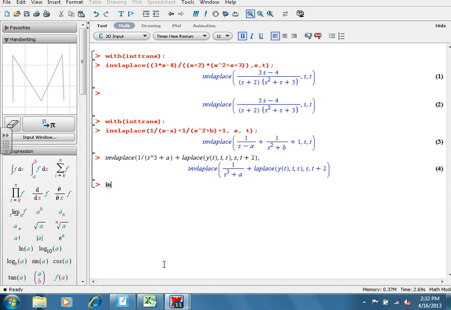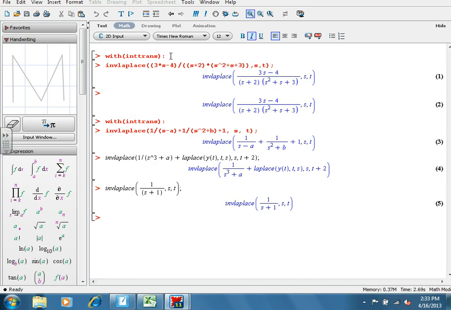Inverse Laplace of one divided by s plus 1, comma s, comma t, close parentheses, enter.